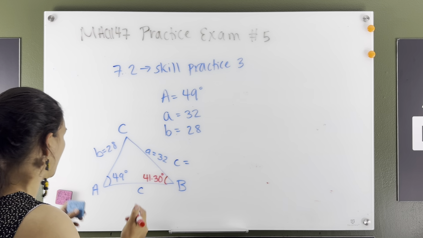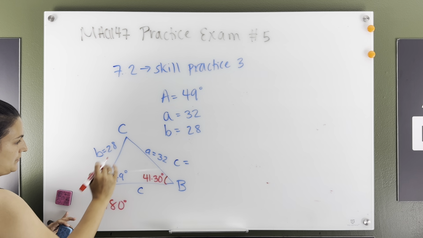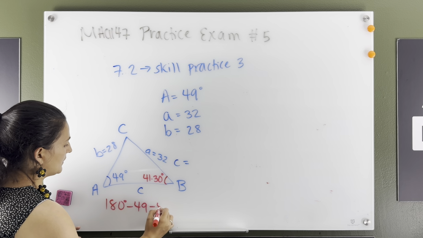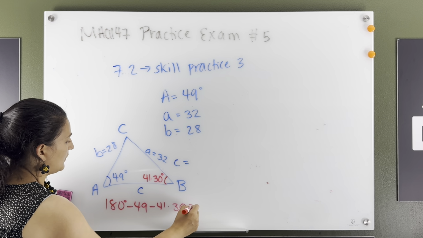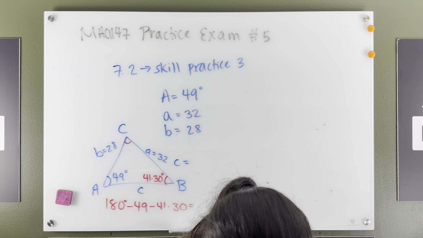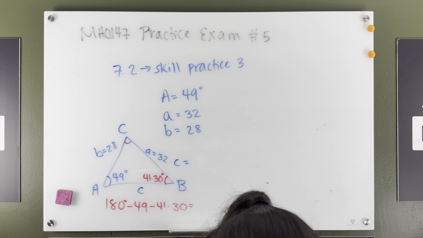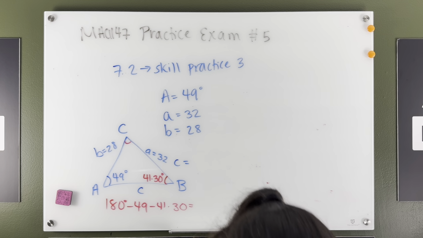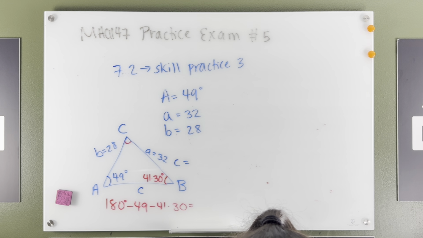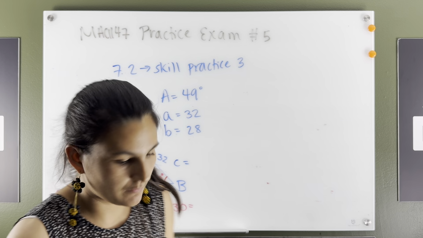But for now, if we have 180 degrees as the total of the 3 angles in any triangle, and we take away the 49 that was given minus the 41.30, we will get this missing angle. So I'll just plug it in since I haven't done it yet. 180 minus 49 minus 41.30 is 89.7.